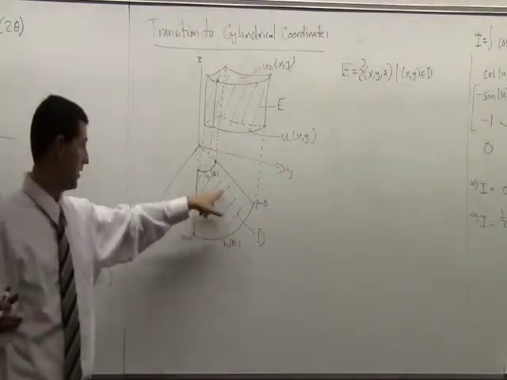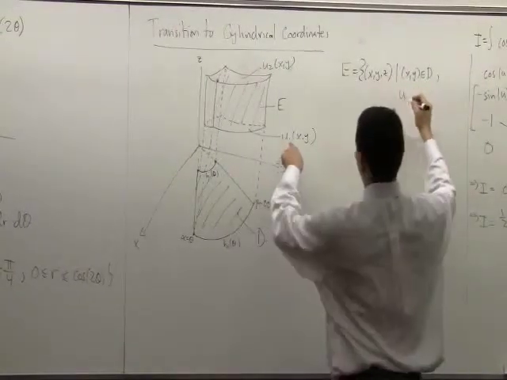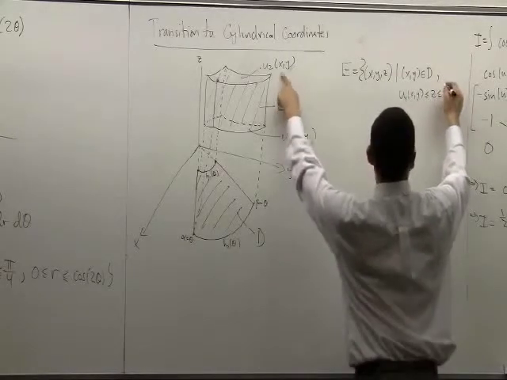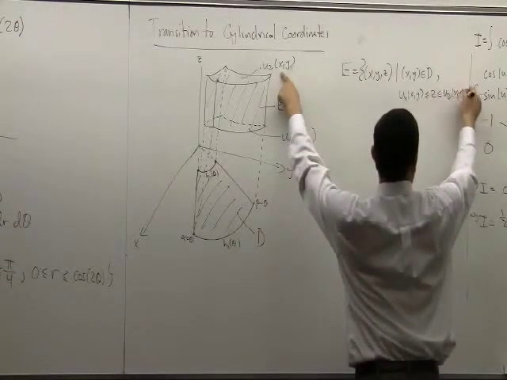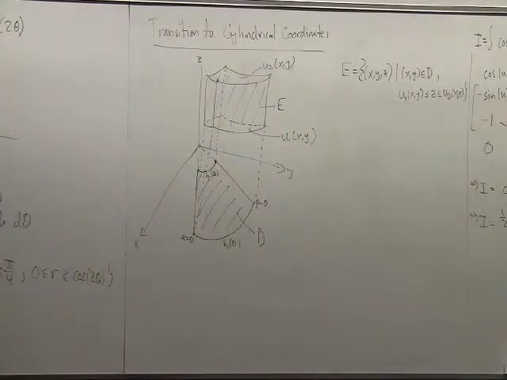Forget the z coordinate, it's in D. And z should sit between this function u1 of xy and u2 of xy. So this is a type xy region because the z coordinate is given as sitting between two functions of x and y.